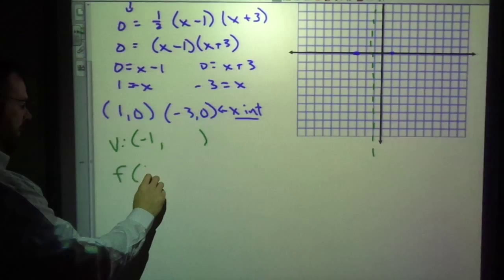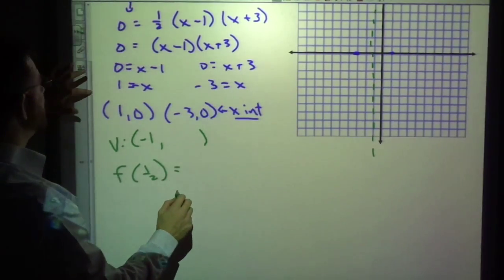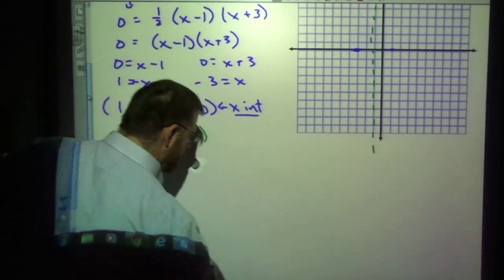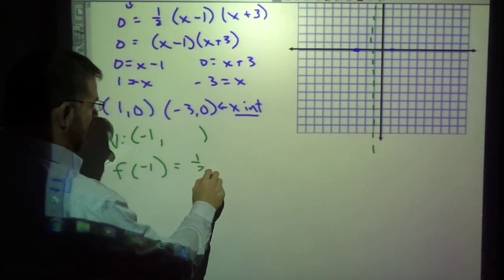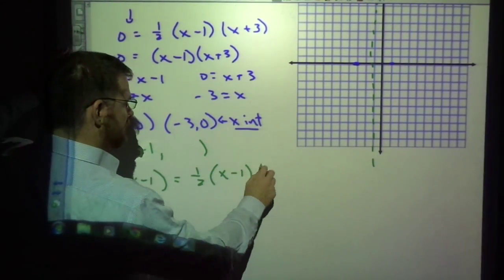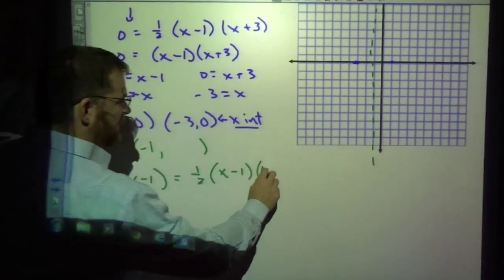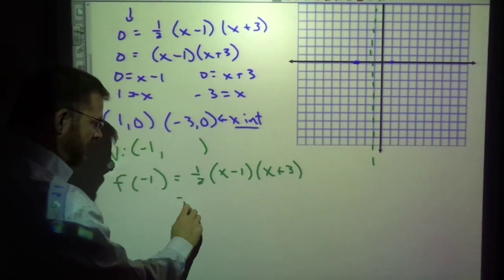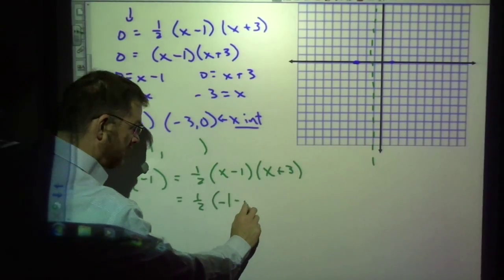So f of 1/2 equals, no, not 1/2, f of -1. Here comes my 1/2. 1/2 times x minus 1 times x plus 3. Oh, but I'm putting in -1 right there. Forgot to write that.